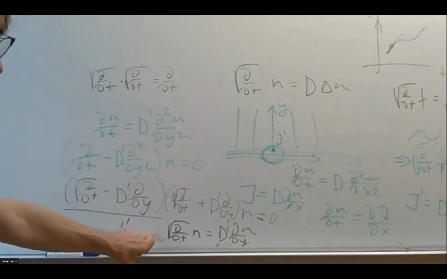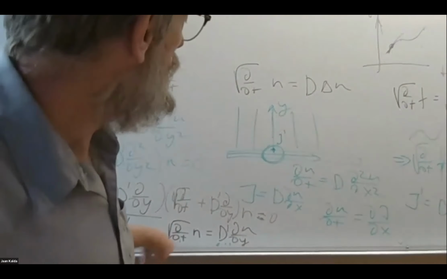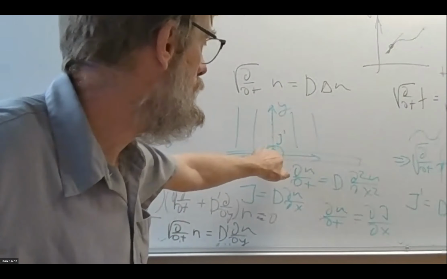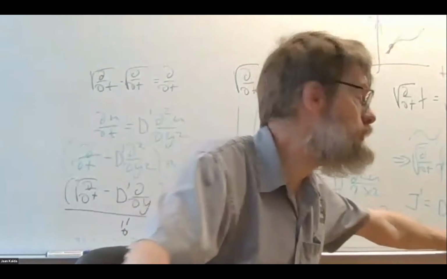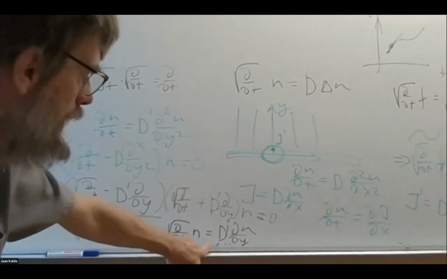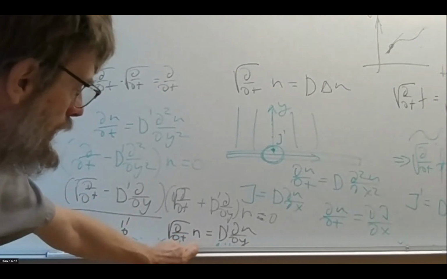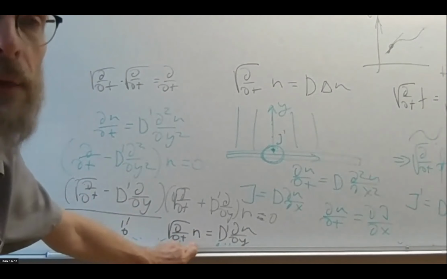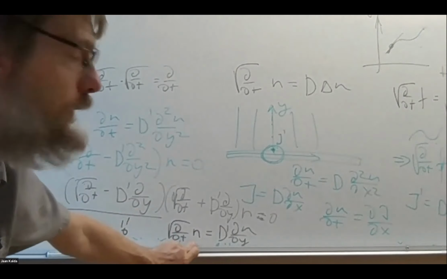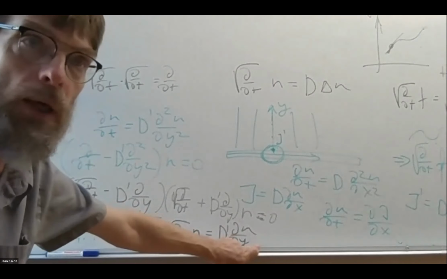And then you have this result over here. And now look what we need in our equation. We need to have j prime value here at this point, meaning that this derivative at this point, right? And this equation here relates the time derivative, a kind of non-local time derivative, as a fraction of the time derivative at this point, to dn over dy.